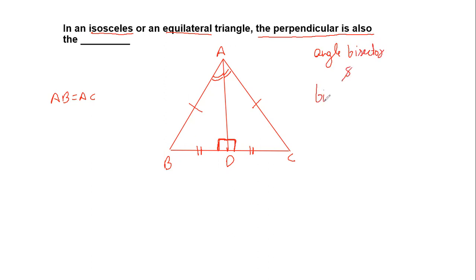If it's already mentioned it's a perpendicular, then I know that it's an angle bisector and the bisector of the base. This is a very basic property that you should be aware of in an isosceles or an equilateral triangle.